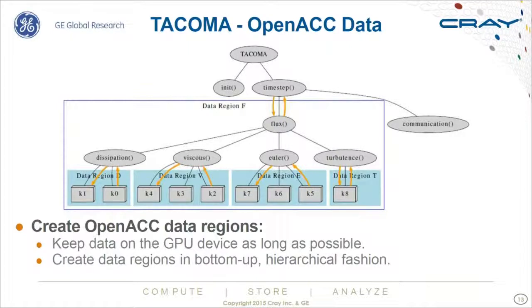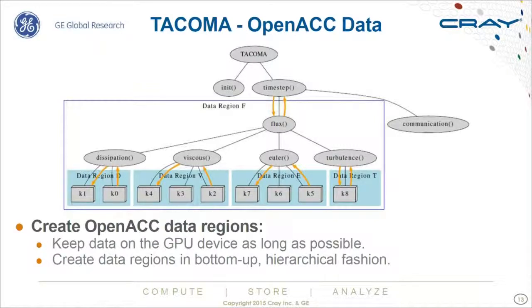The data motion for this turned out to be a big problem. We came up with a pretty good optimization in the sense that you can see we start at the leaves, and I'll focus on data region V, the second data region from the left on the bottom. You can see there'll be some data motion into the beginning of the data region, shown with an orange arrow.